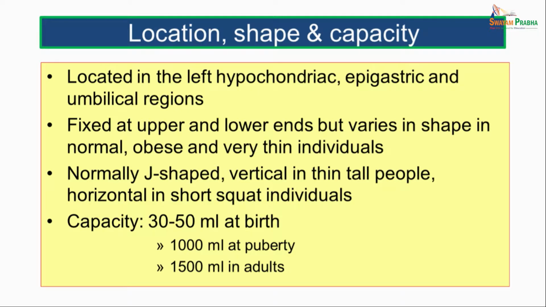It is fixed at the upper and lower ends, but varies in shape in normal, obese, and in very thin individuals. And that is how we have three different types of shapes of the stomach.